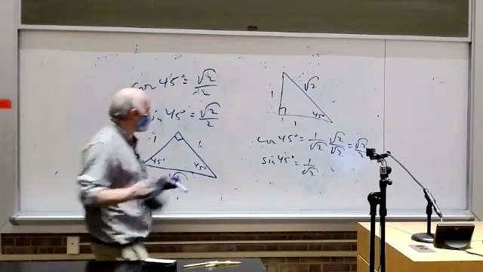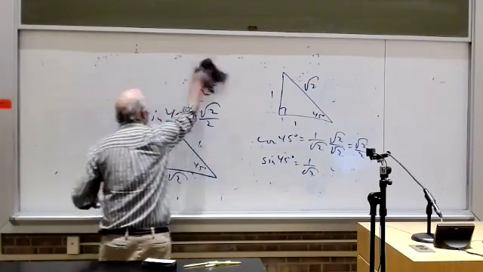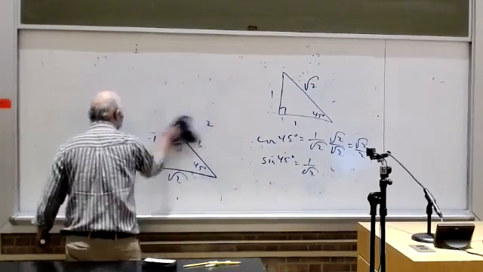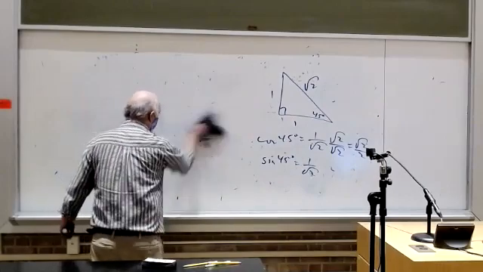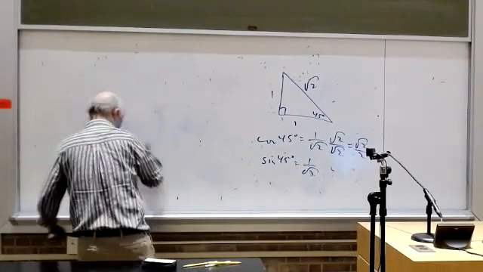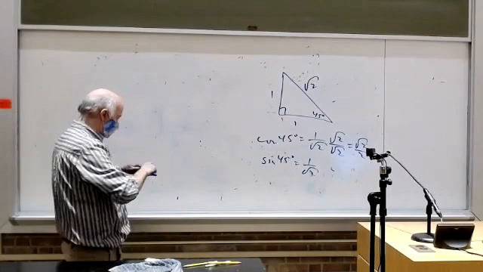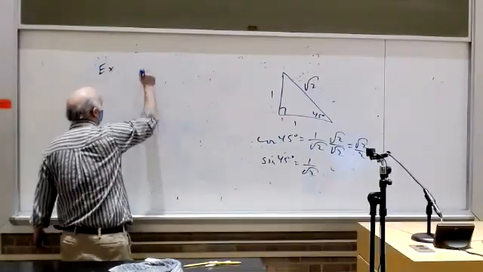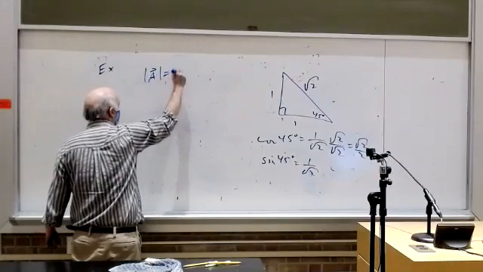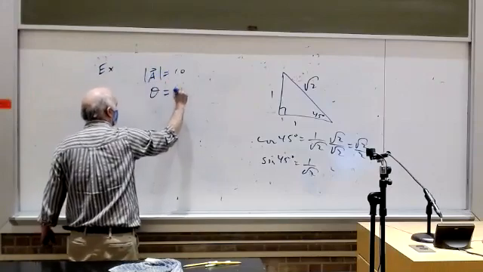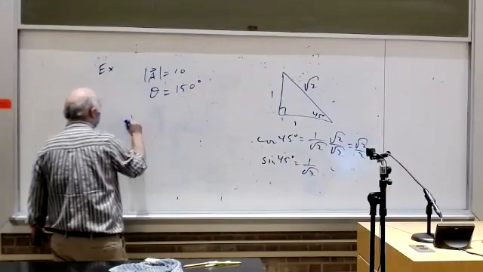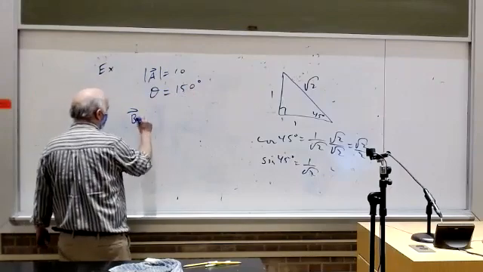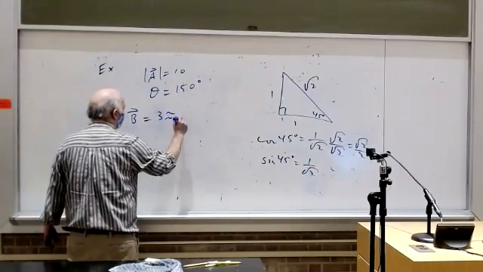Okay, let's try another example. Let's say we have a vector A, which is this. Vector B, which is this.